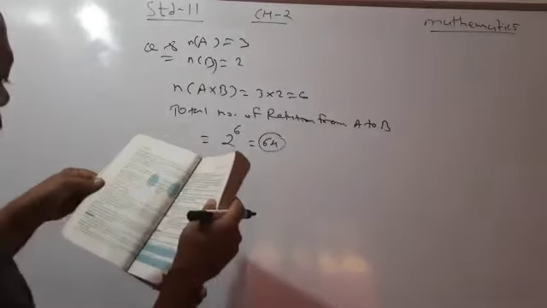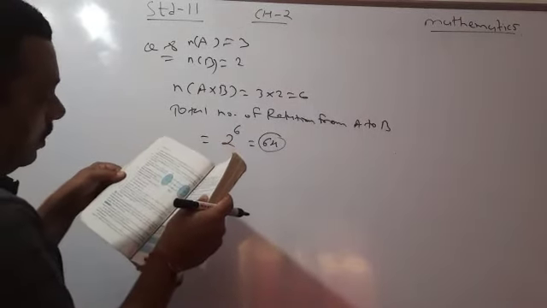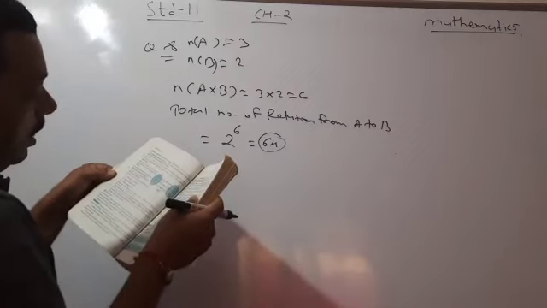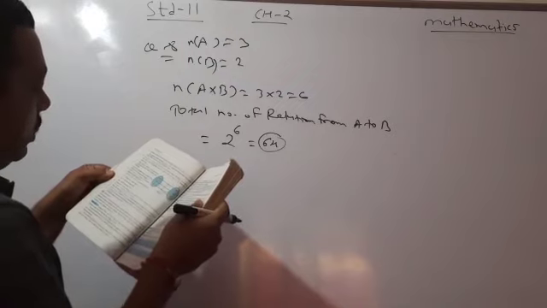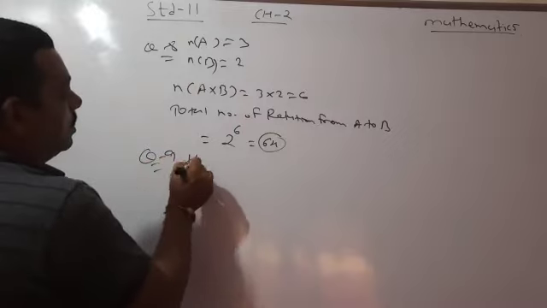Now the last question of the exercise. R is a relation on Z defined by ordered pair (a, b) such that a and b belong to Z and a minus b is an integer. Find the domain and range. I will give you this question number 9 as homework.